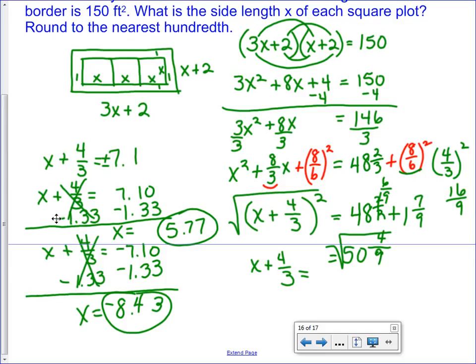Going back to our real-world problem, it asks us what is the side length x of each square plot. Negative 8.43 does not make sense for a length, so we would say 5.77 feet would be the length of each side to the nearest hundredth.